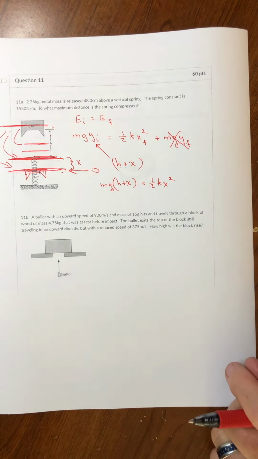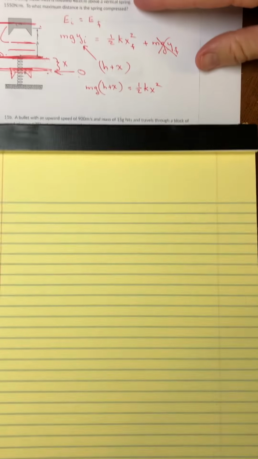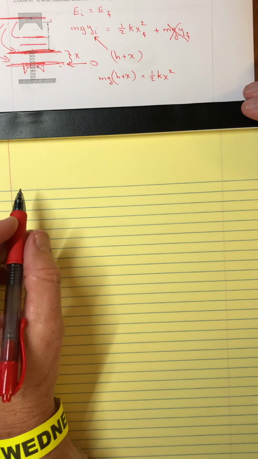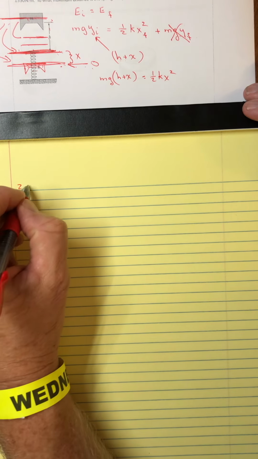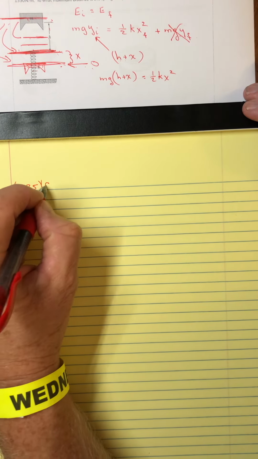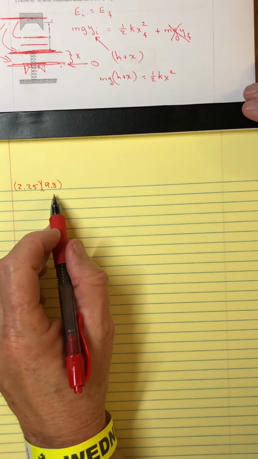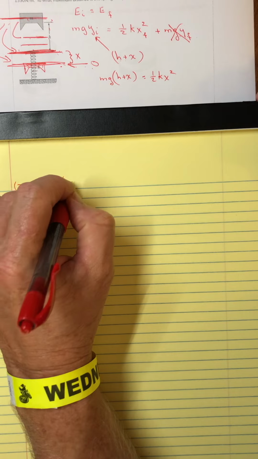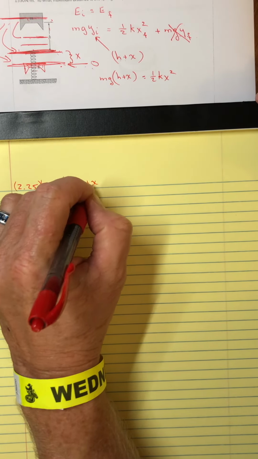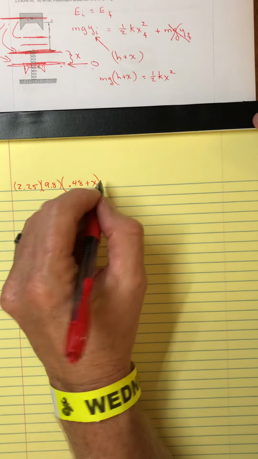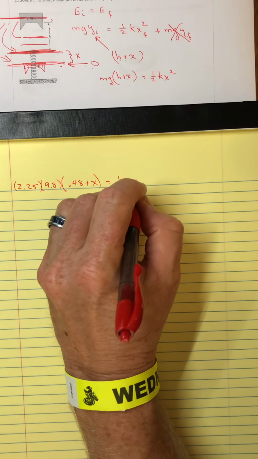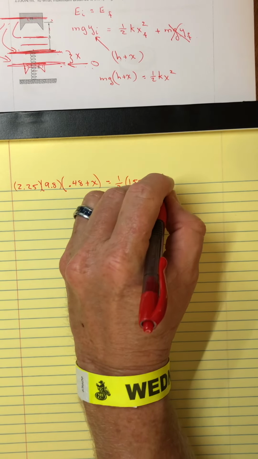Well, I'll need some more space to work this out, so let me grab my yellow pad here. But if I put in these numbers, 2.25 is the mass, and g is 9.8. The height is 0.48, and the x is the unknown. Now, the other side of the equation is 1/2 the 1,550 and an x squared.